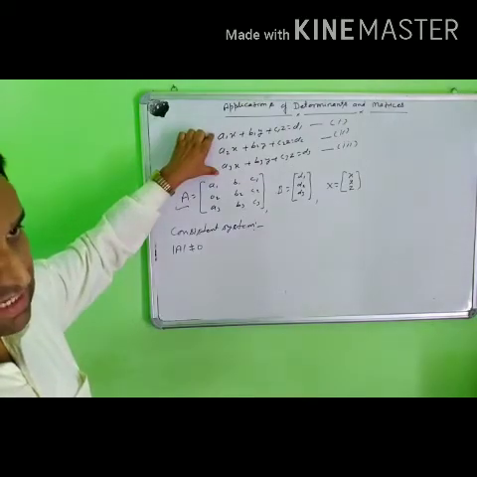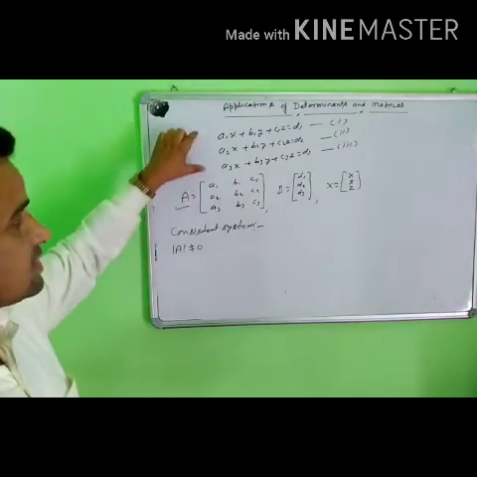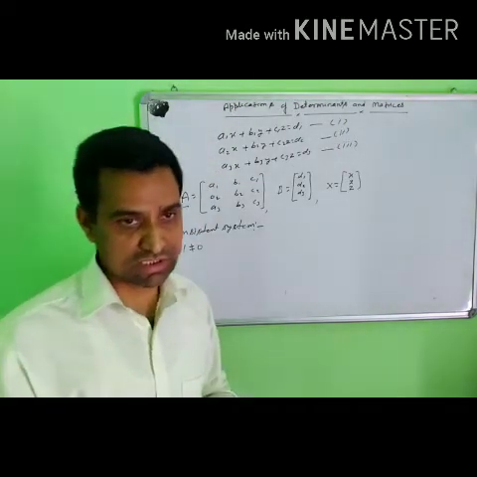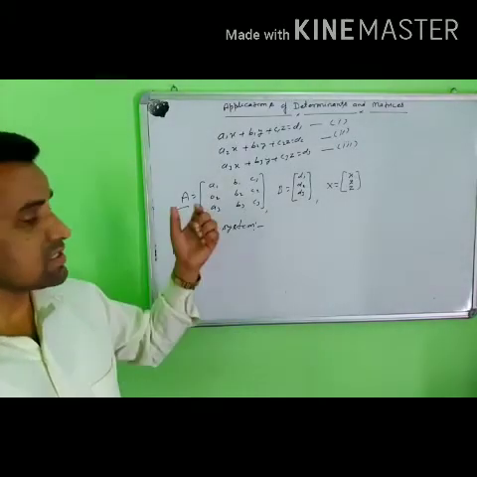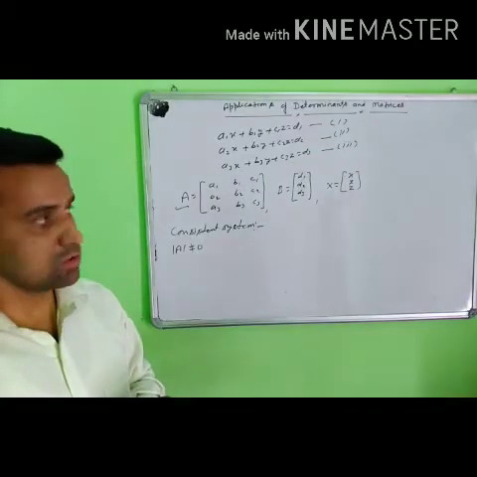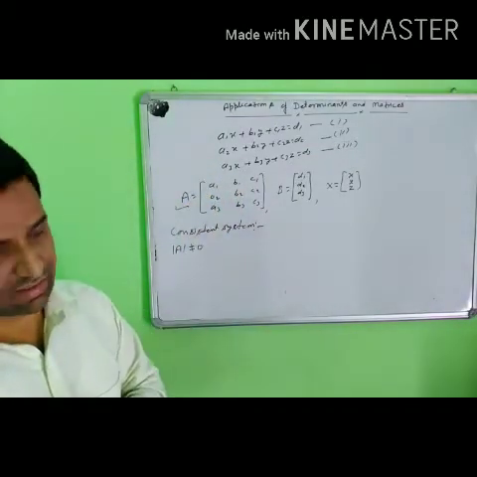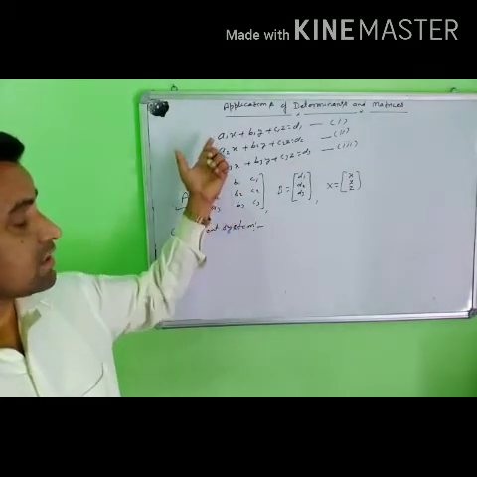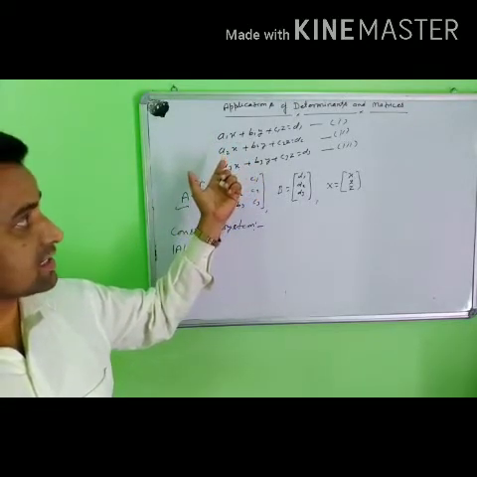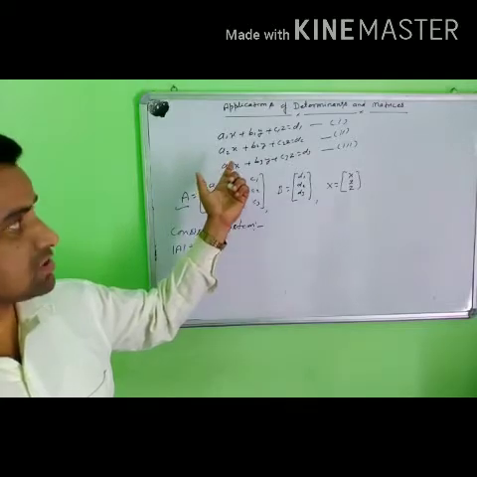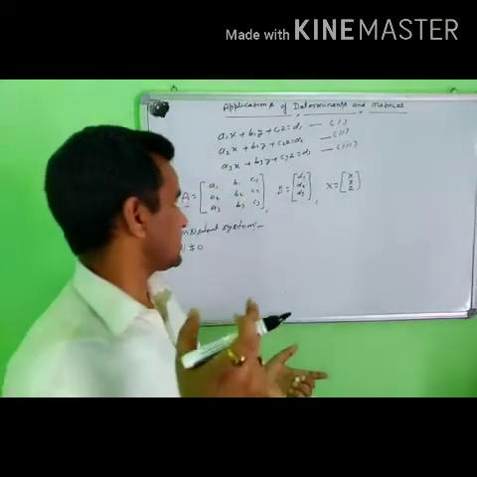these equations are consistent, and these equations have a unique solution. The definition of consistent is that a system of linear equations that has a solution is called consistent.